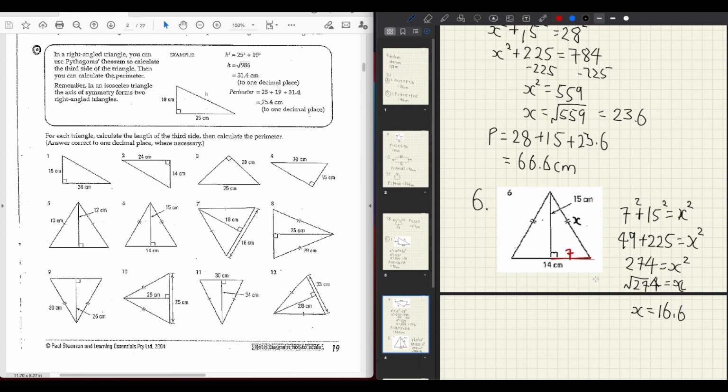Okay. So we know what x is. Now we have to find the perimeter of the whole triangle. Because both of these have the two lines, this is also equal to x. So to find the perimeter, we just have to add x with x. So 16.6 plus 16.6 plus, now we add 14 here because the base is 14.